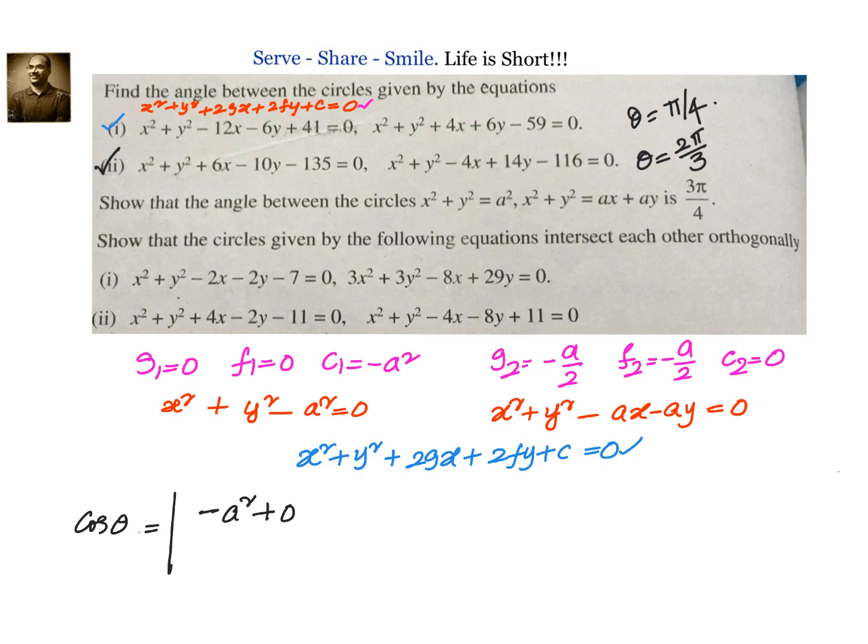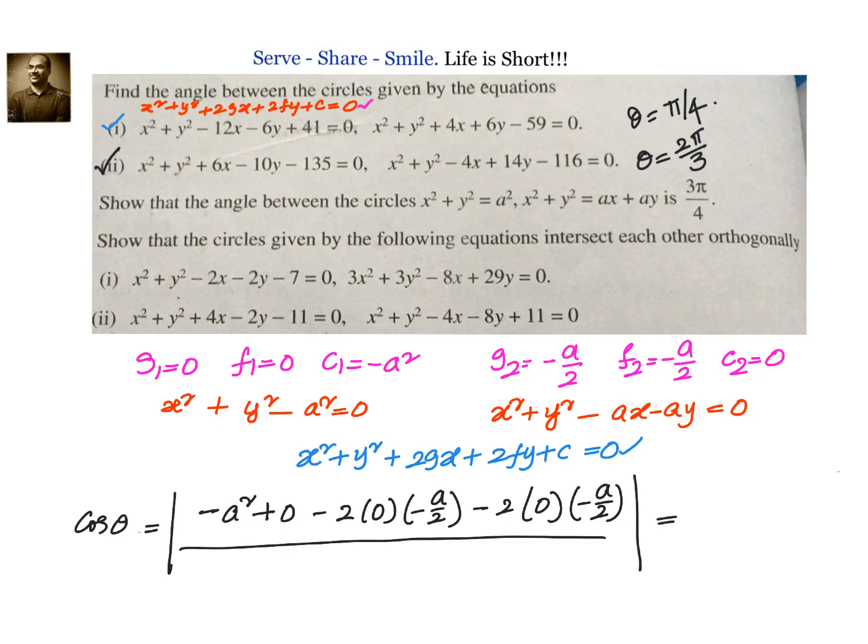I'm not writing down the formula now, directly I'm substituting, minus 2 into G1 into G2, then minus 2 into F1 into F2, divided by square root of G1 square 0, F1 square 0, minus C1, that is plus a square, multiplied with G2 square a square by 4 plus F2 square a square by 4 minus C2, that is 0.